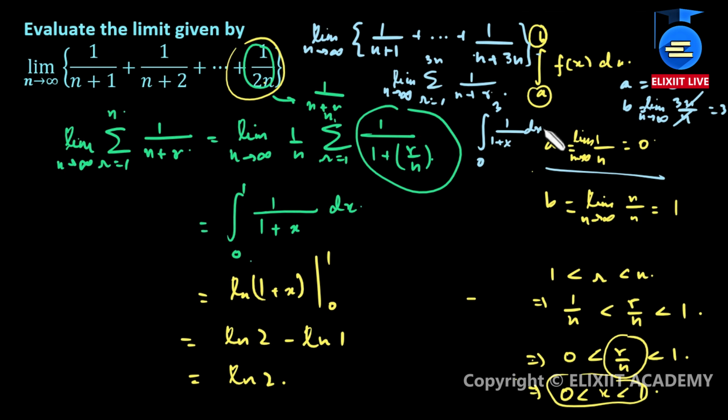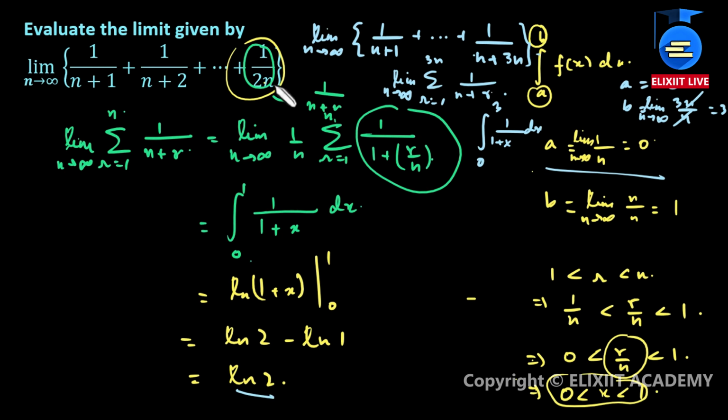So for such types of problems, we could have been given 1 by n plus 1 and so on, up to 1 by 4n, 1 by 5n and so on. For this case, you can remember one short trick for this particular type of question. This 1 by 2n actually determines your answer. If this is 1 by 2n, then the answer will be log 2.